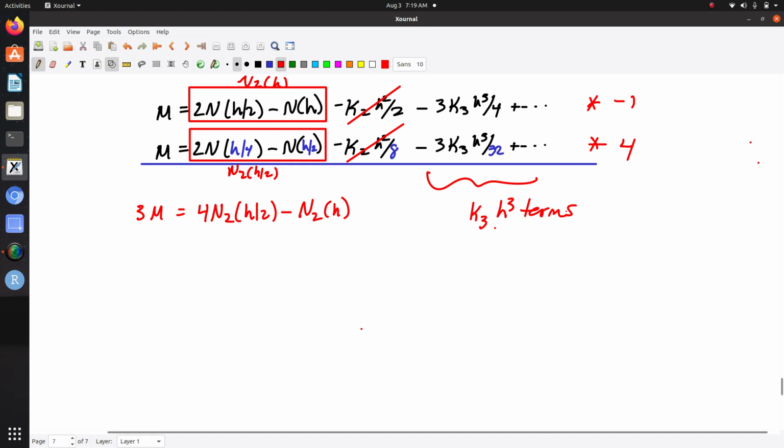Okay, so we're going to solve for m, and then we're going to get n2 of h over 2 times 4 minus n2 of h, and all that is going to be over 3, if I can get my line straight. Okay.